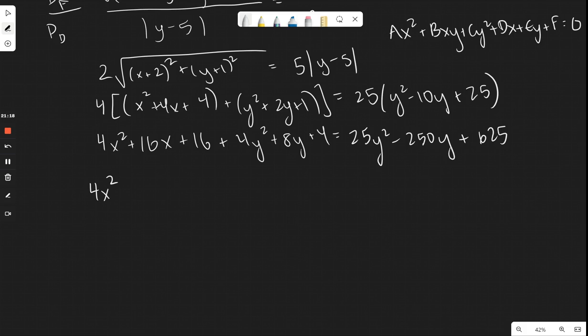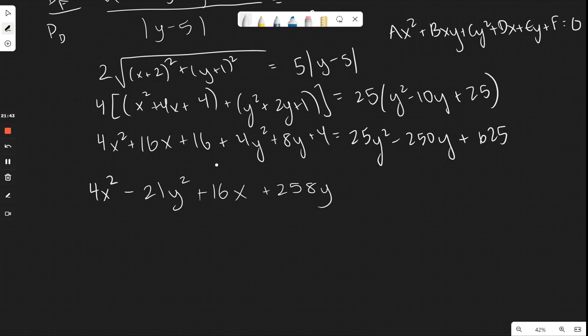So 4 minus 25 is -21y squared. Let's look for x terms. We have 16x over here and no other x terms, so plus 16x. Let's look for y terms. We have 8y and we have -250y. Okay, so we add 250y to both sides and get plus 258y.